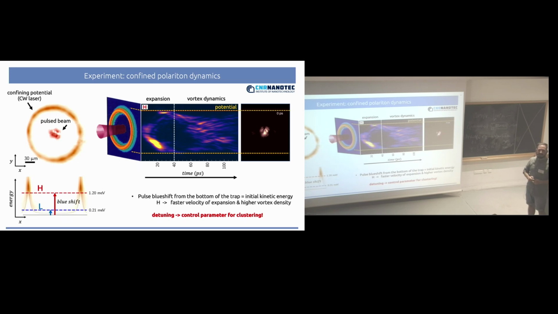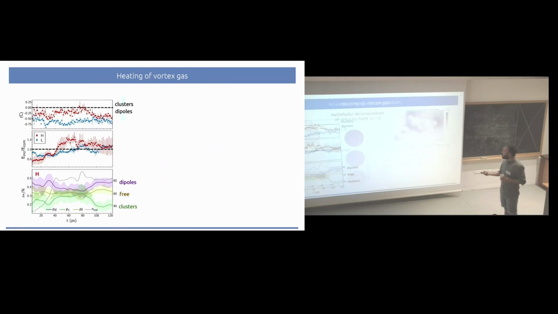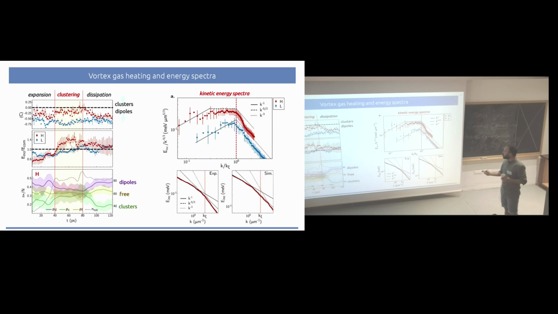One last question, perhaps. You showed the energy spectra at the end with the -5/3 scaling. When does this spectrum get established? Is it at the beginning, or during the clustering regime? This is the time-integrated spectrum between 40 and 80 picoseconds.